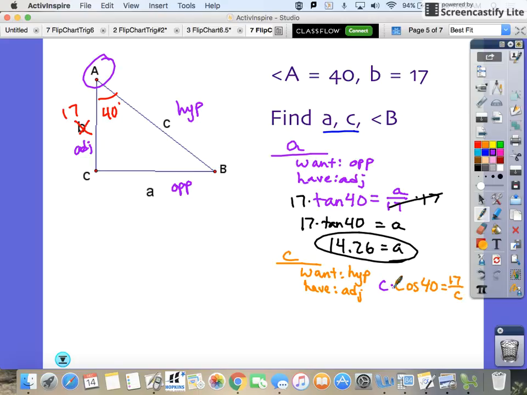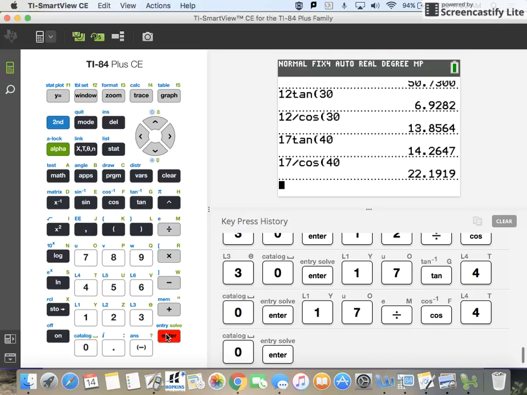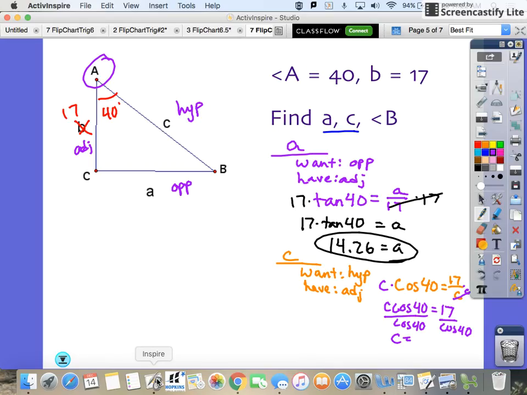So what we do is multiply by C on both sides, C cosine of 40 equals 17, divided by cosine 40. C will equal 17 divided by cosine 40. 22.19.